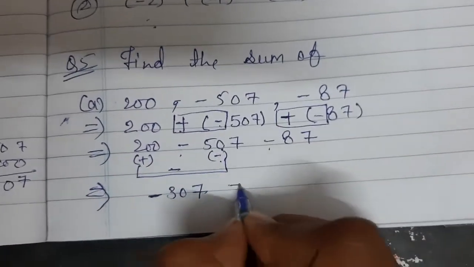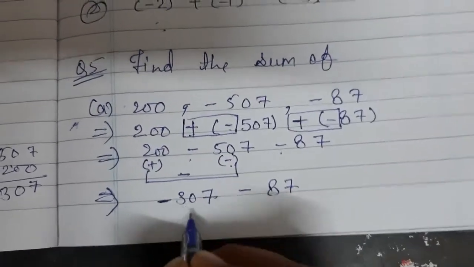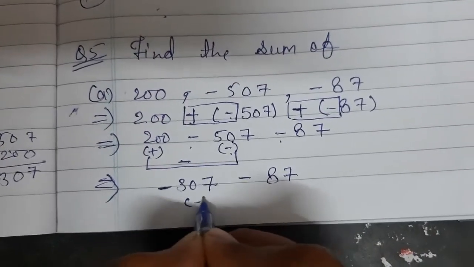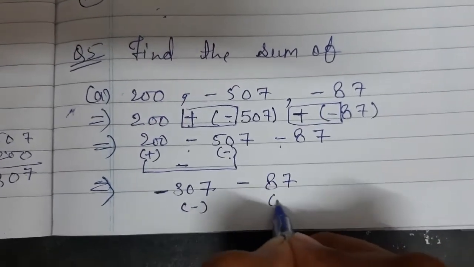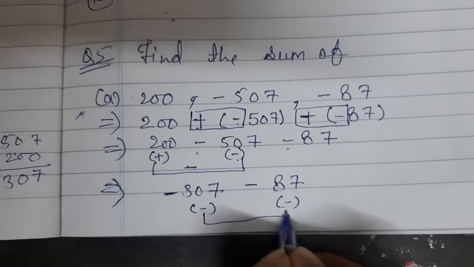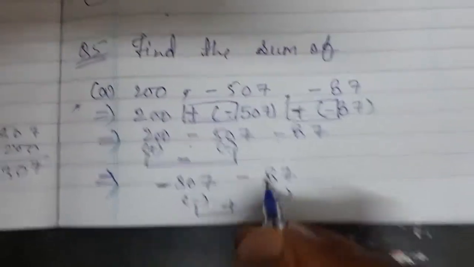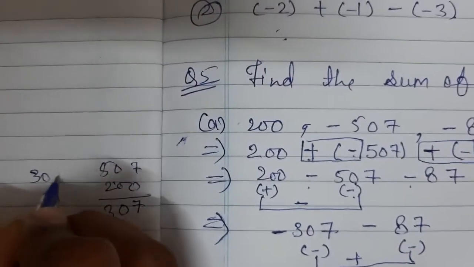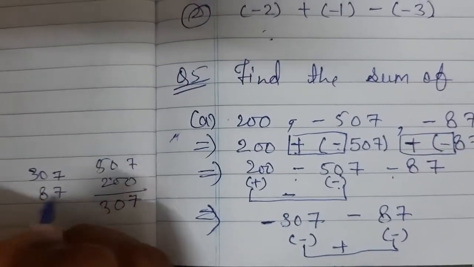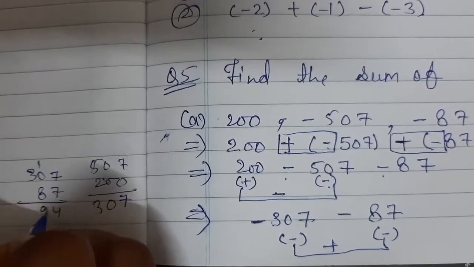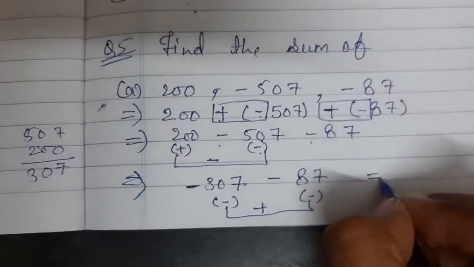Then the remaining digit is minus 87. Same process, below the digit write their sign. This digit is minus, this digit is also minus. Minus minus means plus, so you have to add both. 307 plus 87 is 394.